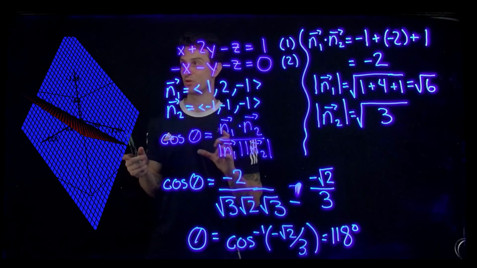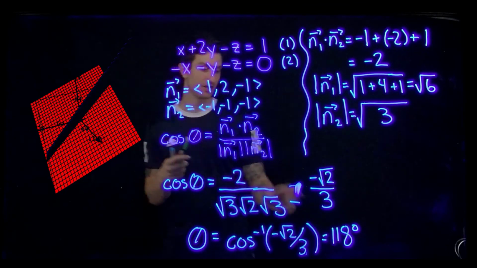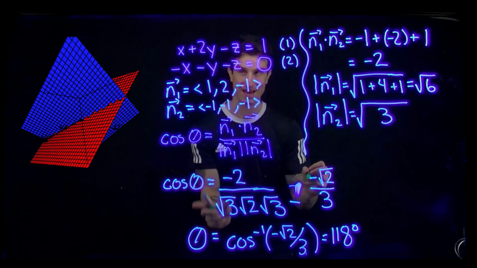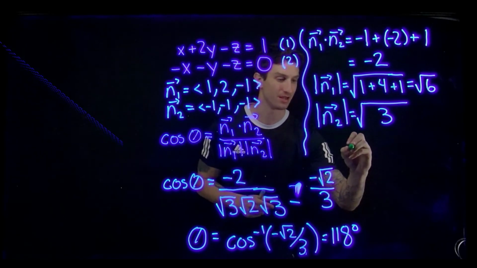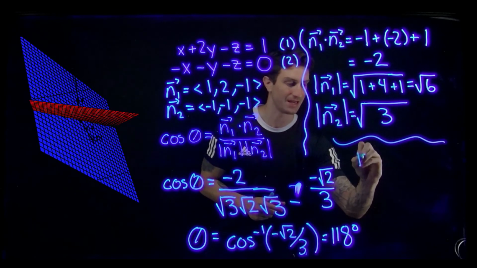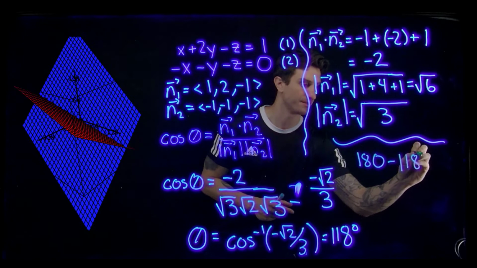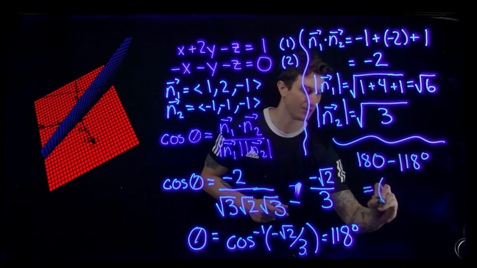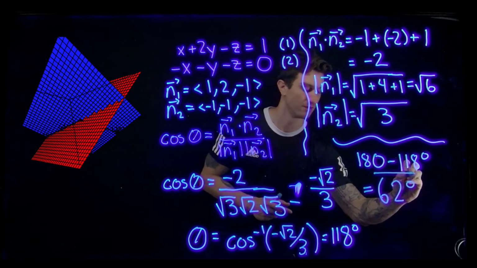We want the one that is the acute angle, less than 90 degrees. So our answer for the angle formed between these two planes is going to be 180 minus 118 degrees, which gives us our final answer of 62 degrees.